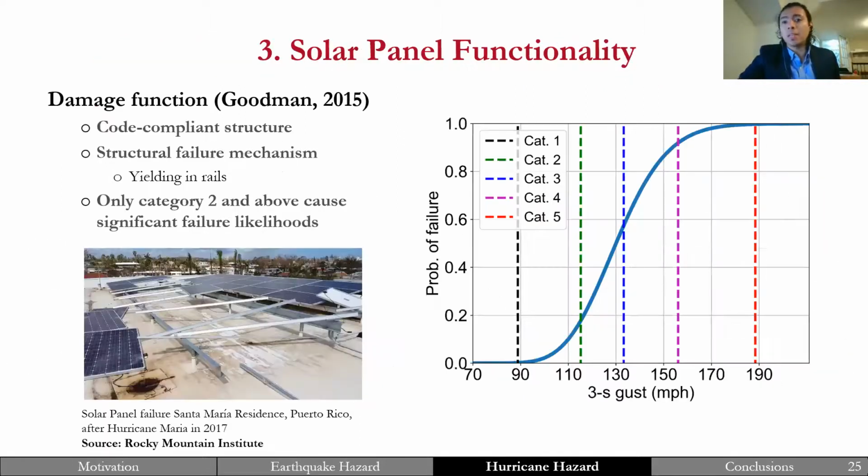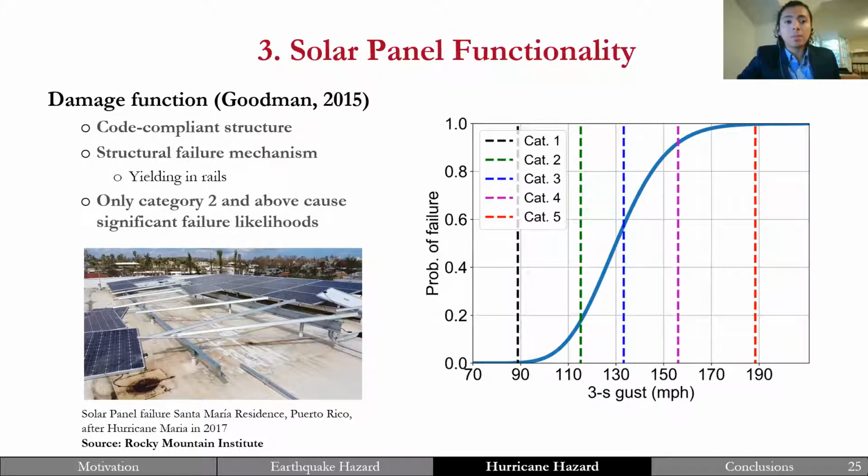And then for the third part of the analysis, we used a numerical analysis done by Goodman in his PhD thesis, where he does numerical modeling of solar panel failure and gives its probability, its fragility function, which you're seeing here.